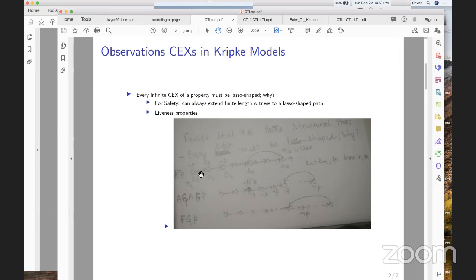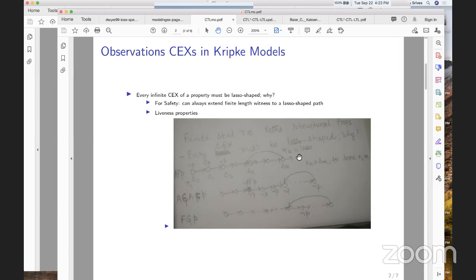If this path has states in which P is false in all the states, since we have only finitely many states in the transition system, at some point, one state must reoccur. So at some point, you must reach an m such that Sn is equal to Sm.